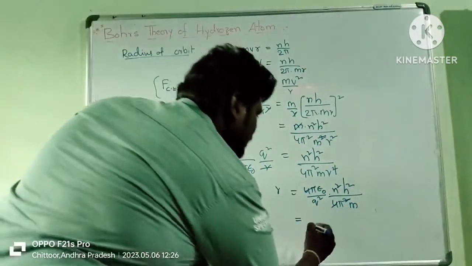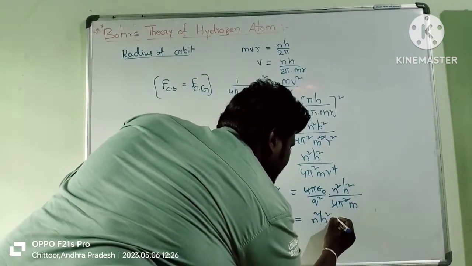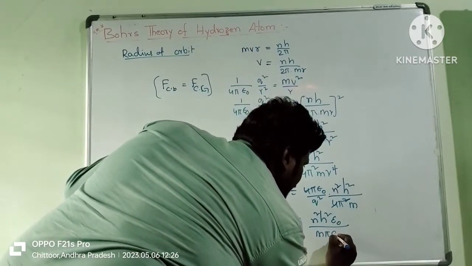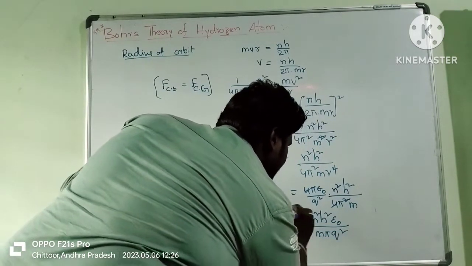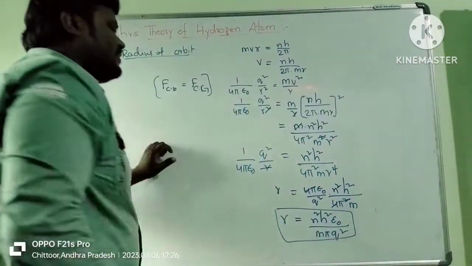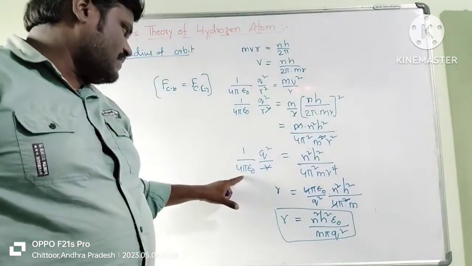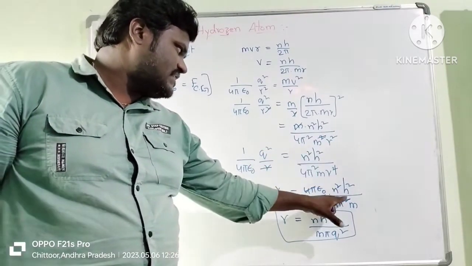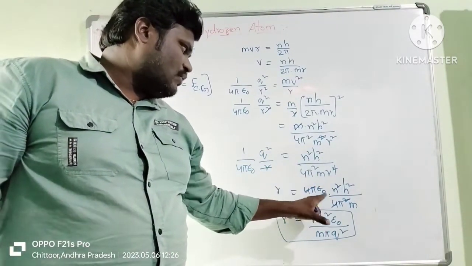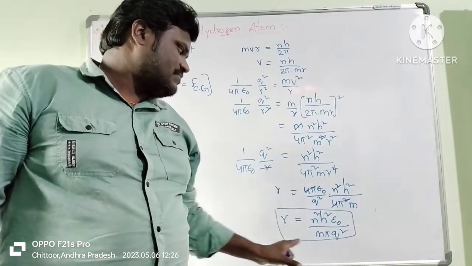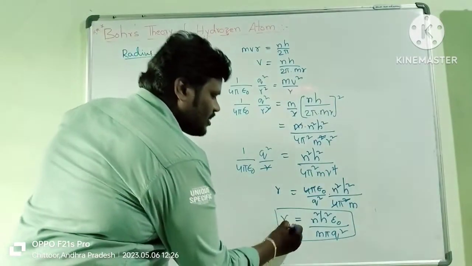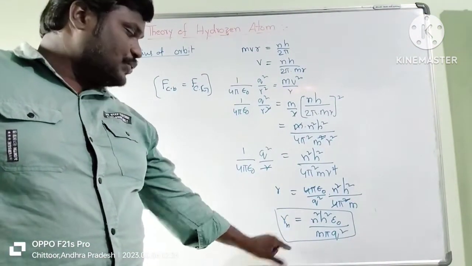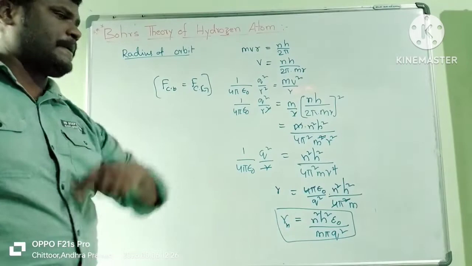So n square h square epsilon naught by pi m q square is the radius of the nth orbit. The remaining term becomes the radius of the orbit. If n equals 1, it is the first orbit. If n equals 2, it is the second orbit, and so on.